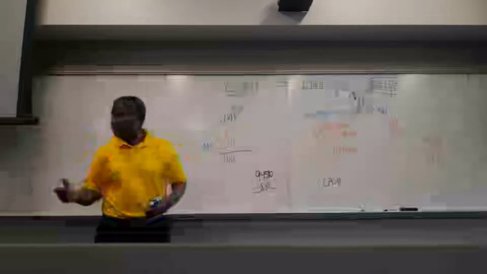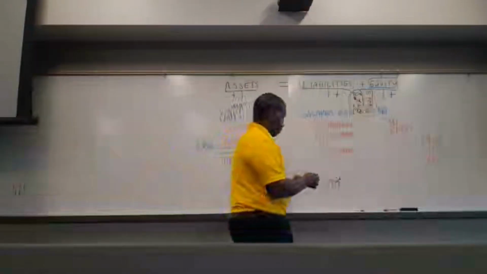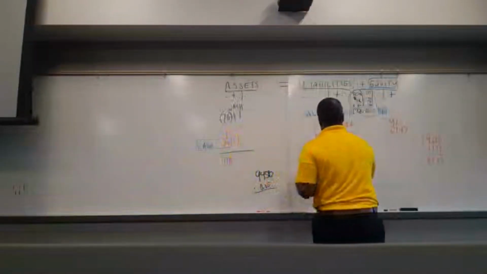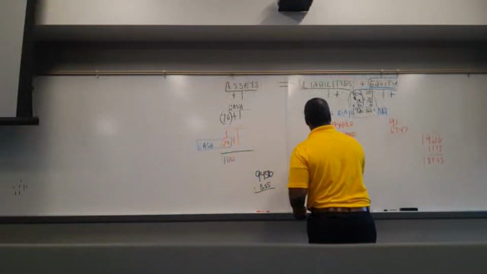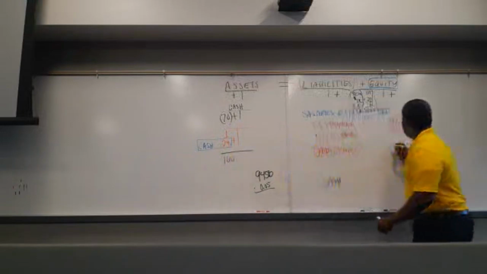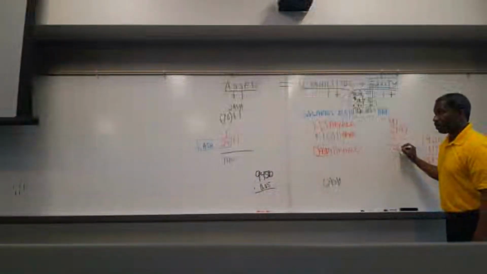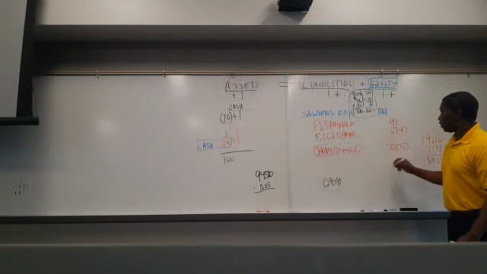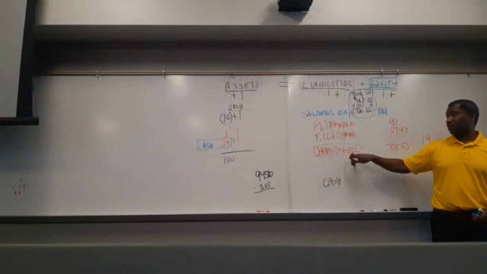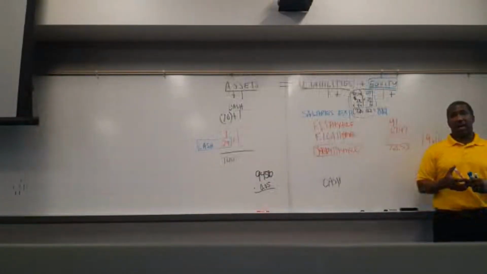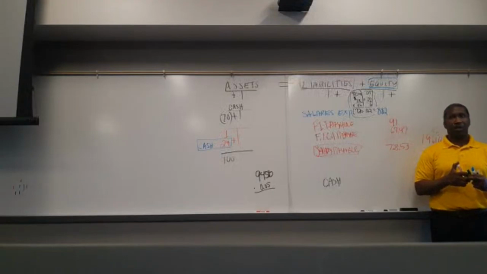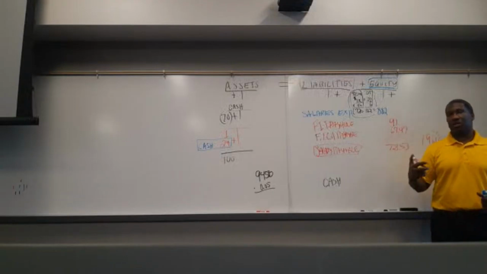So $723.53 is the amount that actually goes to the salary payable. This is how much the person gets in their hands, okay? So does that kind of help you out in terms of how they come up with that? Okay. And like I say, this is a decision you have to make.